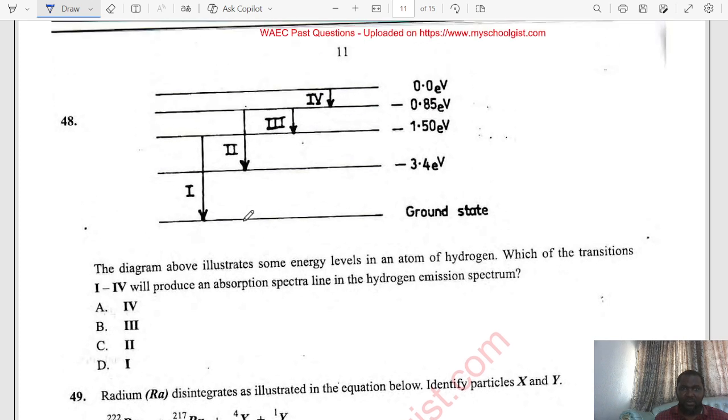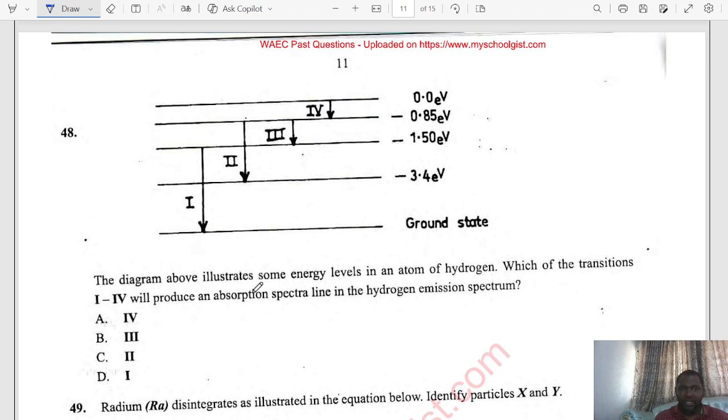Now the next question, number 48, says the diagram above illustrates some energy levels in an atom of hydrogen. Which of the transitions I to V will produce an absorption spectral line in the hydrogen emission spectrum?